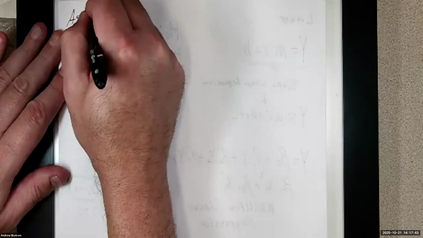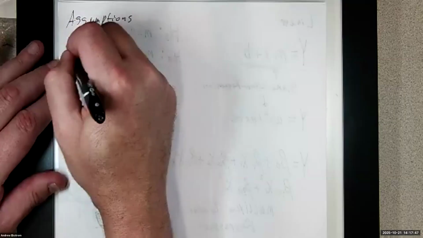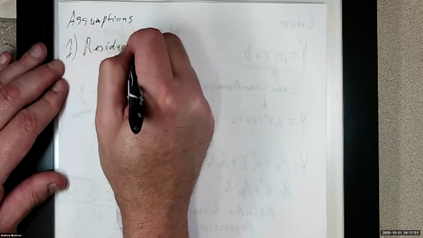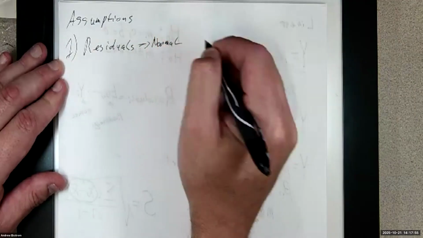If we're looking at some of these, so again, some of the assumptions here. One, residuals follow the normal distribution of some kind.